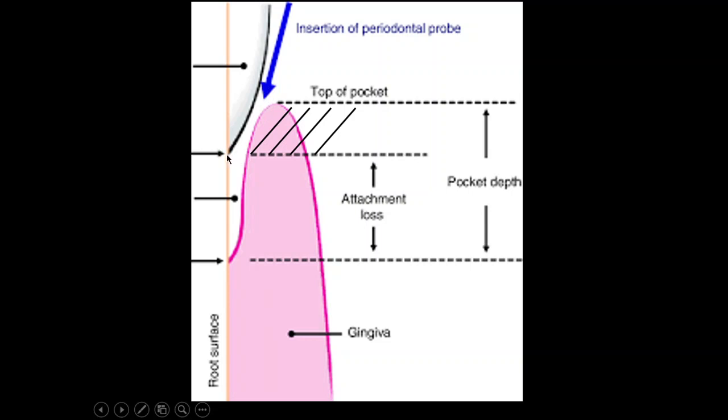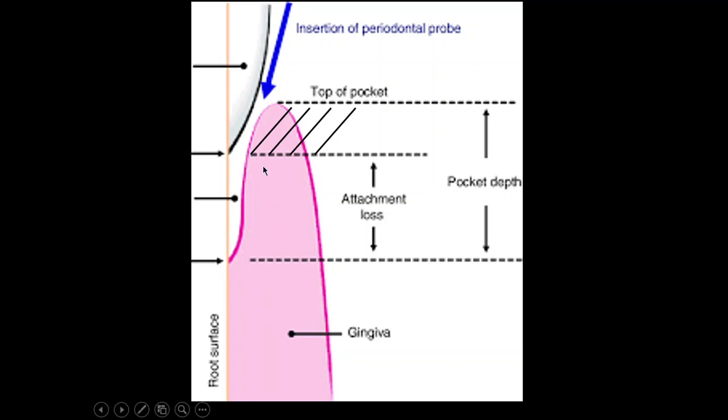The amount of the periodontal destruction, or the attachment loss, is calculated from the CEJ to the base of the pocket, because the original attachment, or the junctional epithelium, was here.